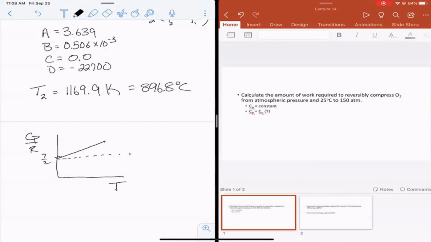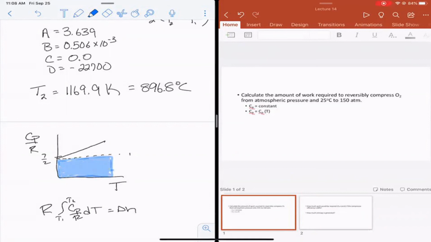And maybe another way to think about it is that, remember, R times the integral from T1 to T2 of Cp over R dT is delta H, right? So what's the integral of Cp over R dT? It's literally taking that plot that they have and finding the area under that curve.